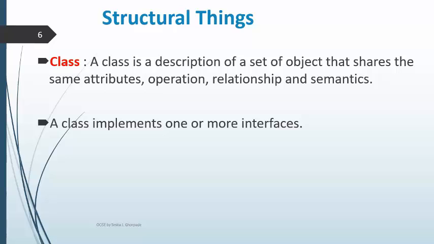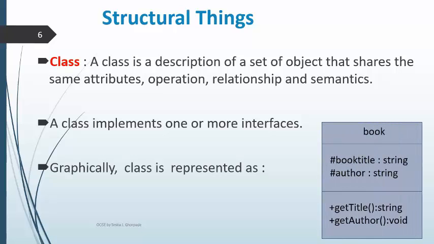A class implements one or more interfaces. Graphically, a class is represented as a rectangular box. This rectangular box gets divided into three parts. At the top level, we can represent a class name as a center. So book is a class name.